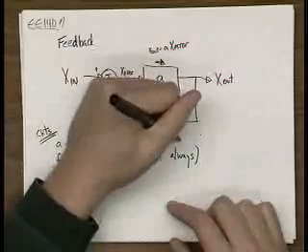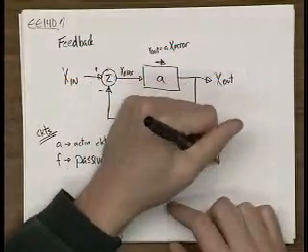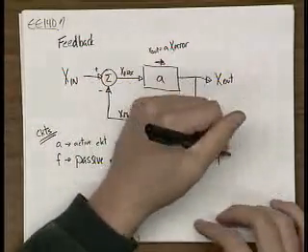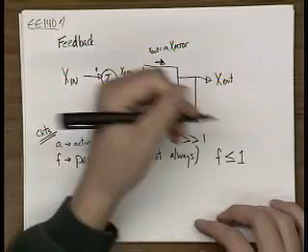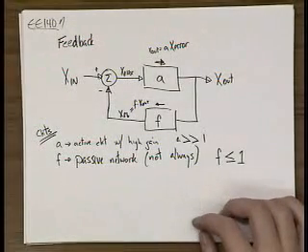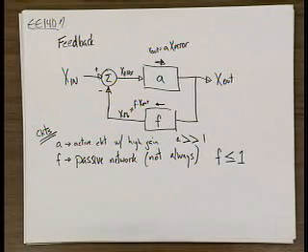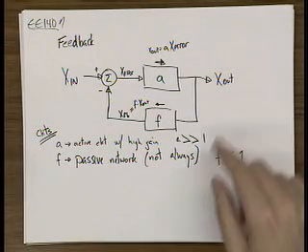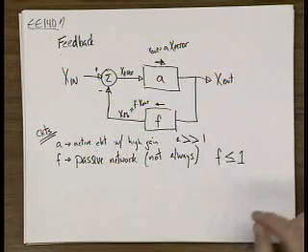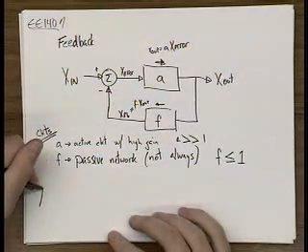So A is typically much greater than 1. F is typically less than or equal to 1, although not always. Okay? So from this network, you can do the math and solve the closed loop gain.